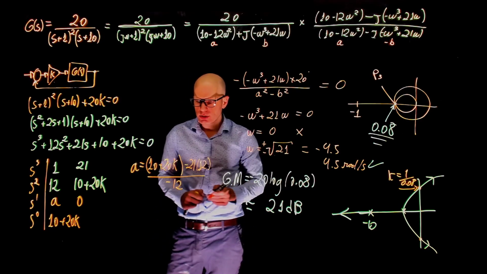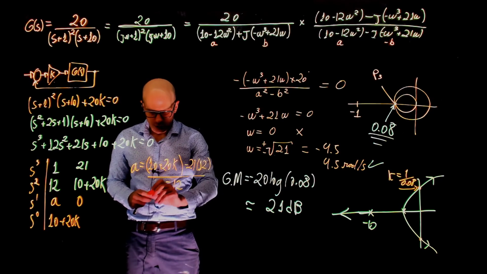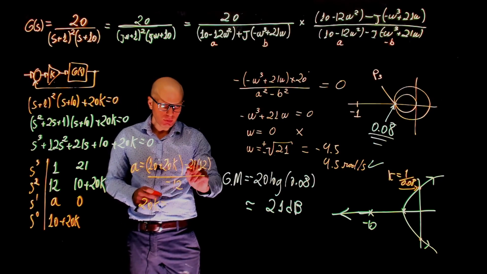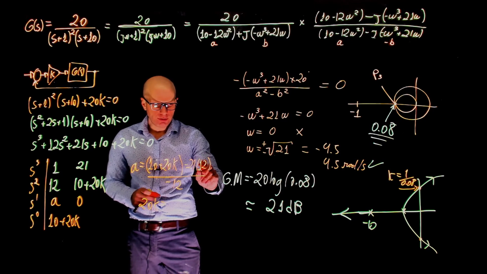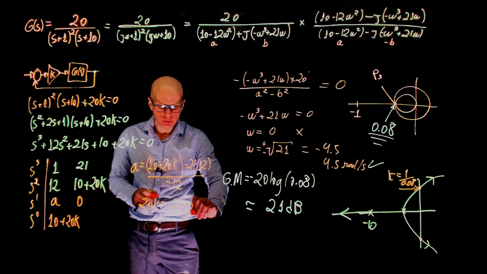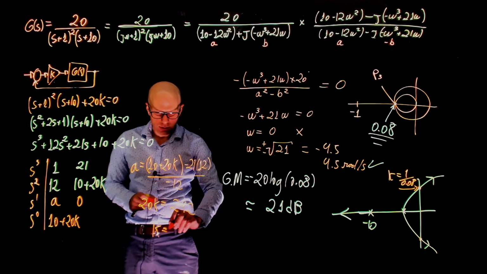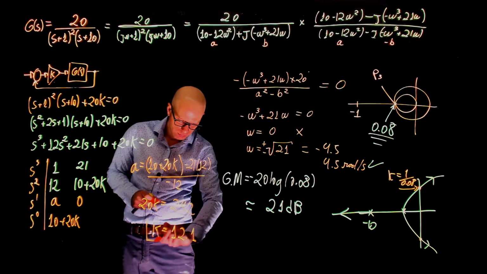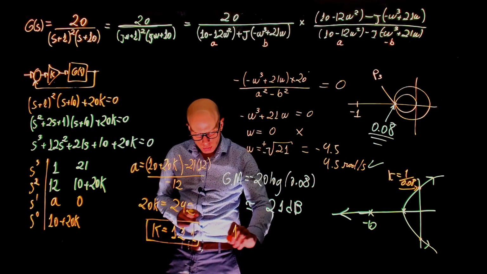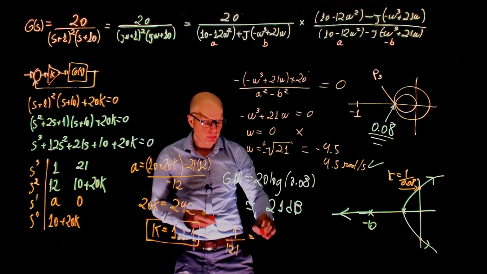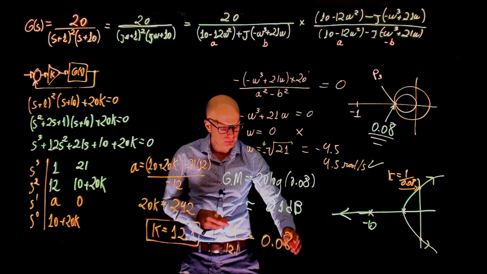If you equate this to 0, we have 20k equals 252 minus 10, 242. K is 12.1. What is 1 over 12.1? Guess what? 0.08 approximately.